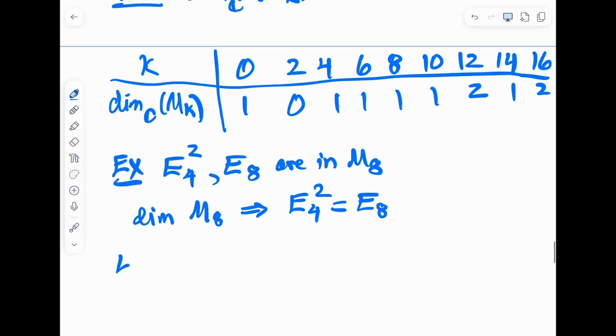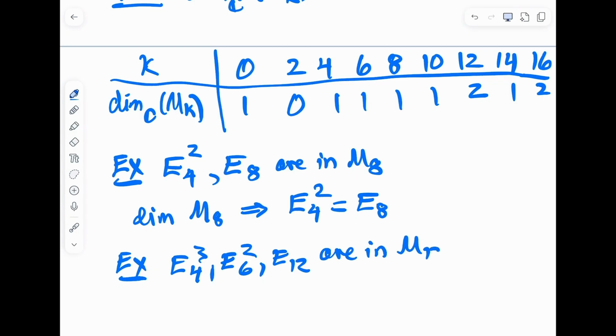Or, as another example, E4 cubed, E6 squared, and E12 are in the space of modular forms of weight 12.